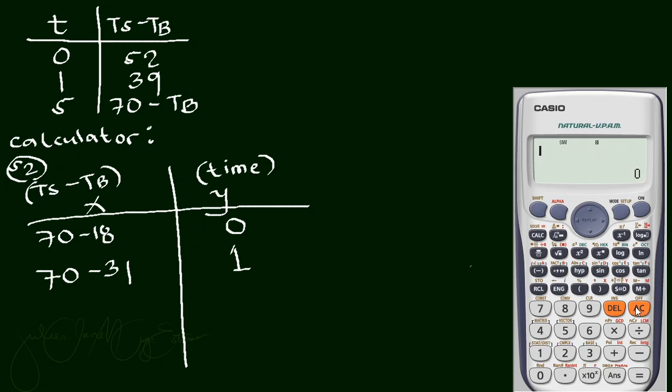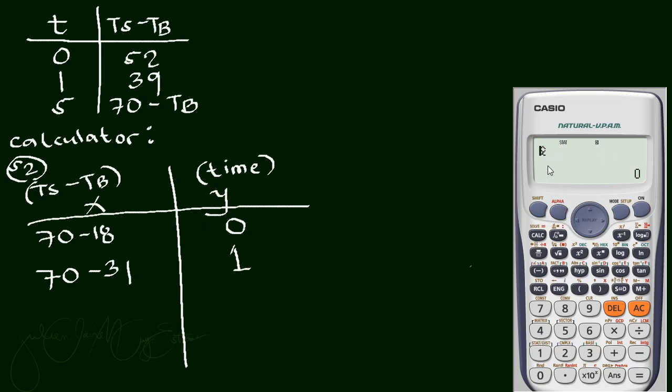And then press AC, and then you shift, that is stat for number 1. You type there 5 for regression, so you choose 4 there to be able to get TS minus TB, since that is our x, that is x hat or x current, so that is 4.